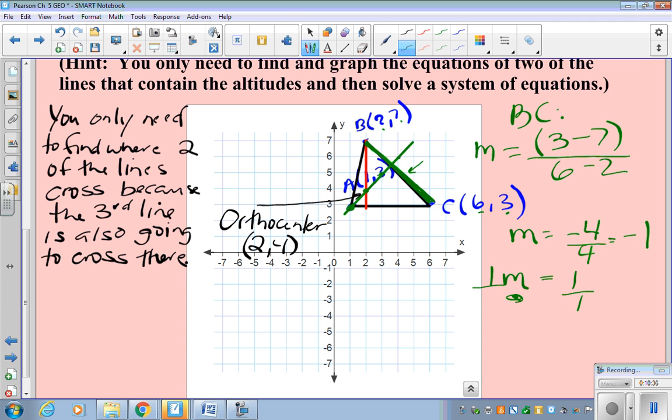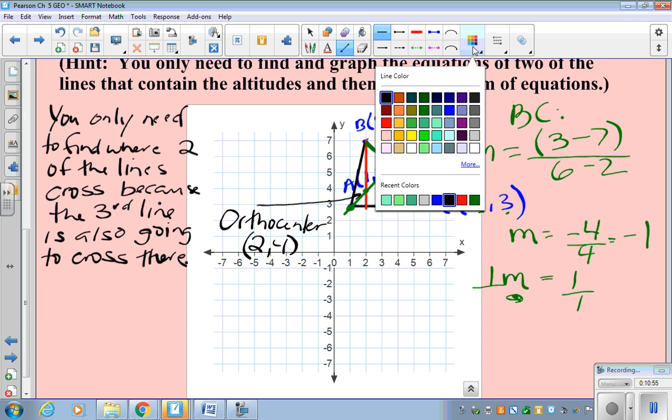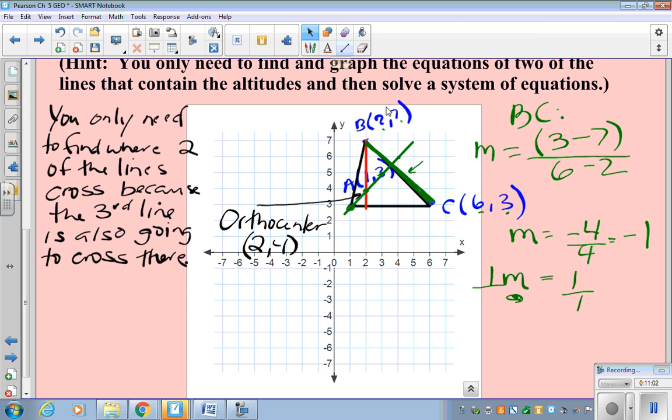Why don't we have to find that third line? Because it'll be in the same spot. All we need to draw a line is 2 points. So I'm going to go ahead and draw it just to show it's going to go through the same point, so we don't need it. In fact, we can draw it if we felt like it, but the orthocenter is still going to be at 2, 4.